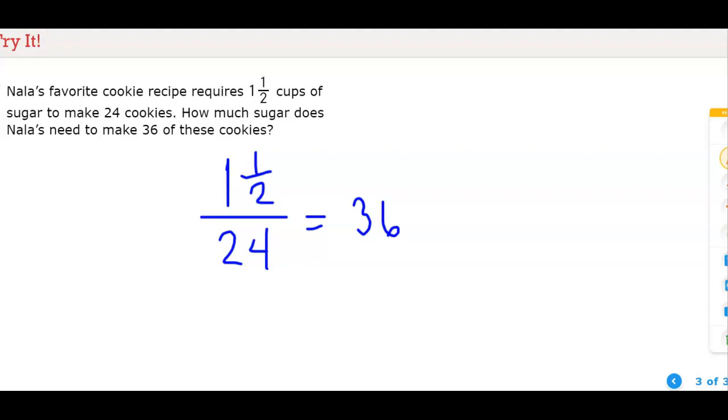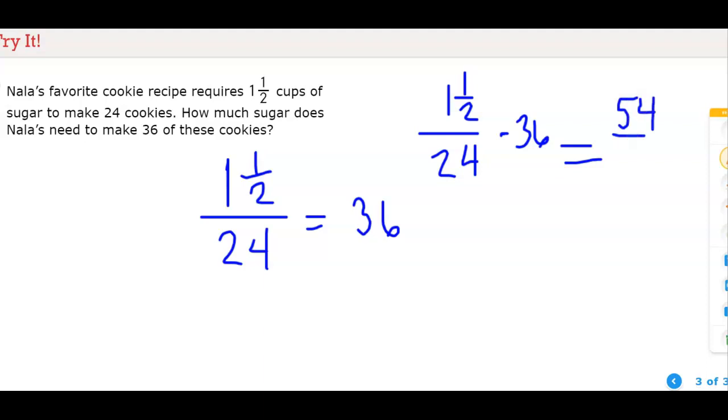Then we have to multiply that 1 1/2 over 24 by 36, and so 36 times 1 1/2 is equal to 54, and then 24 over 1 is 24, and then we have to simplify that.